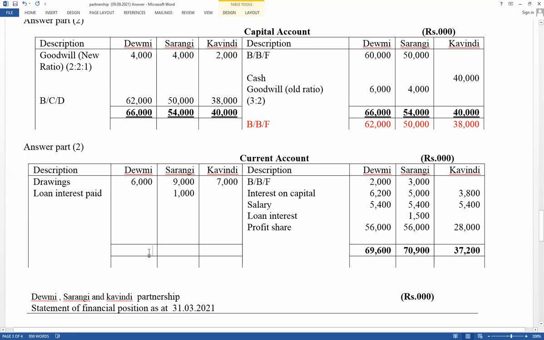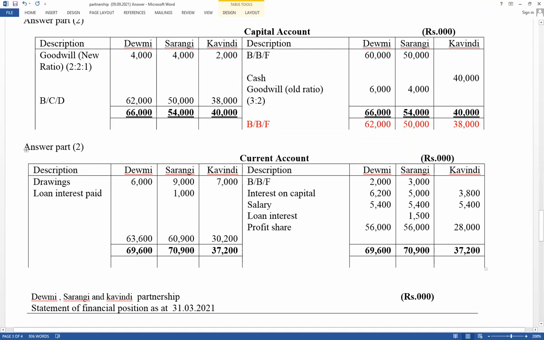Take those values debit side, difference value balance carry down: 49,600, 70,900, 37,200. Therefore, here the difference value equals 63,600, here 60,900, and here 30,200.